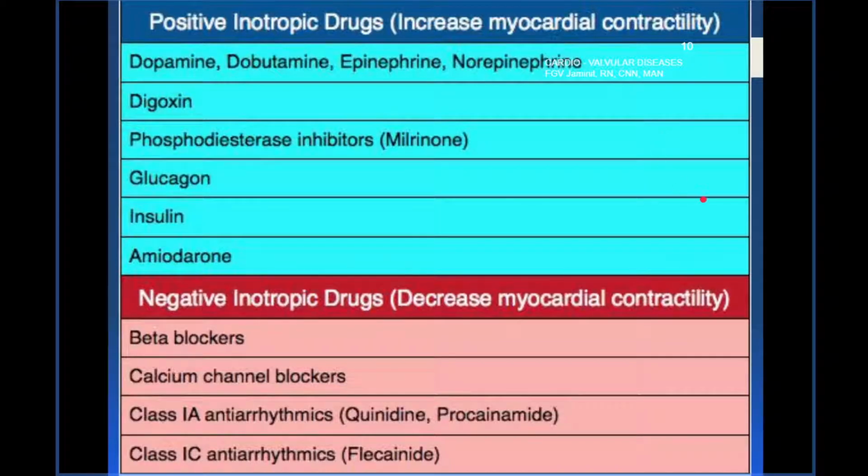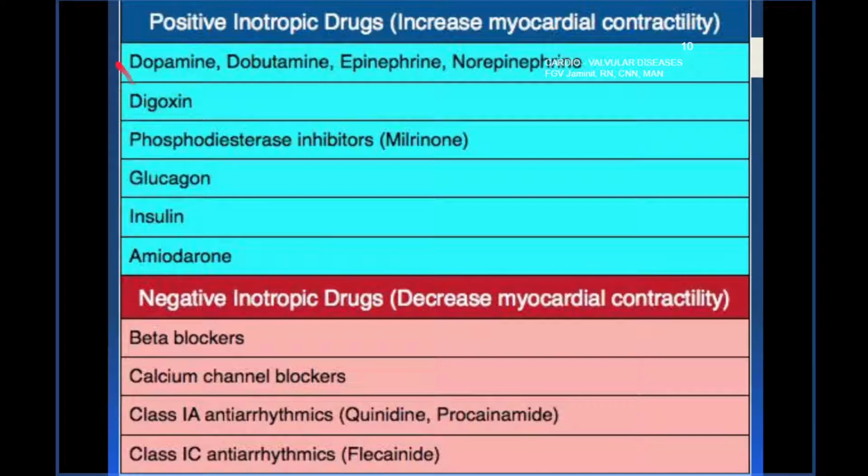So, for example, drugs. The following drugs provide inotropic effect. Again, when we say inotropic effect, this would be an increase in the cardiac contractility, meaning it can increase the stroke volume of the heart. It can increase the contraction, therefore it can increase the ejection.